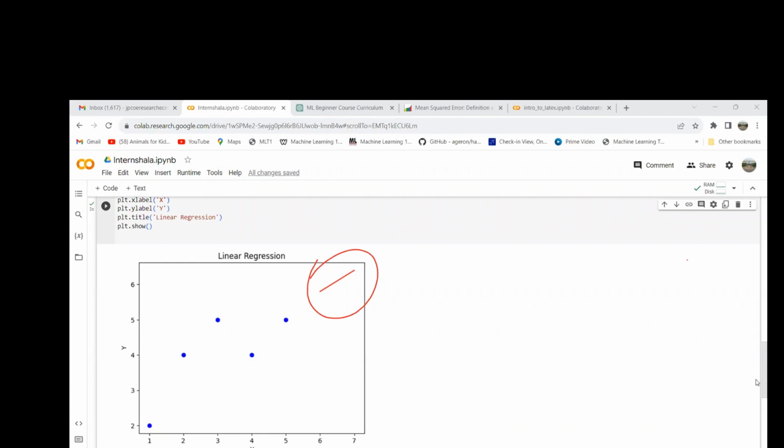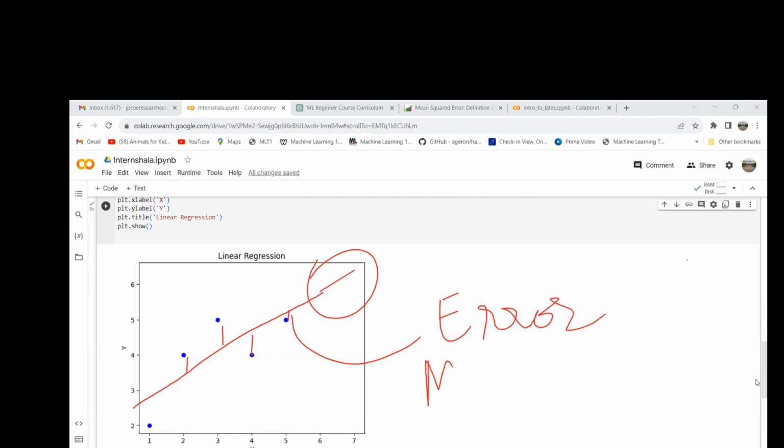But an important thing to be considered is this line, when you extend it, will not exactly fall on the point. So there are some deviations. These deviations are called error. So to evaluate a model, an important benchmark is mean square error.